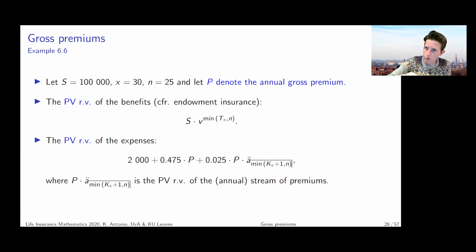And then for the first year, I'm just going to add 47.5% of P to make sure that for the first premium at time 0, I include correctly a cost of 50%. You see that? So I'm going to spread. I'm going to say I need 2.5% everywhere.